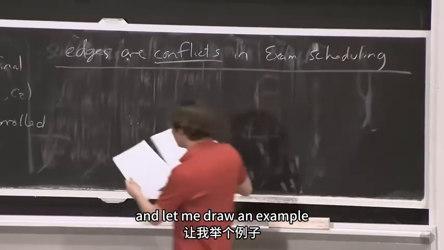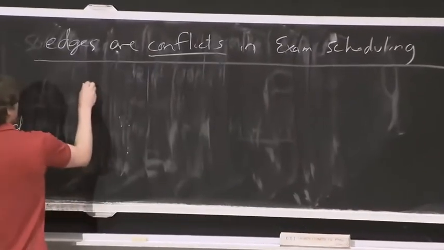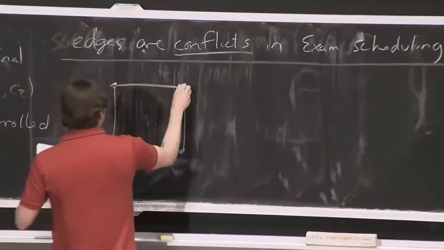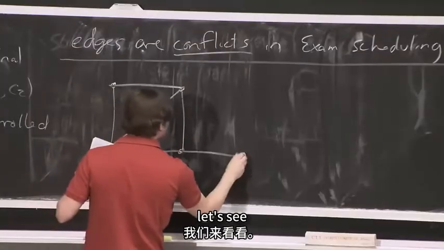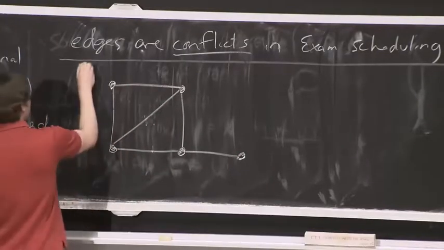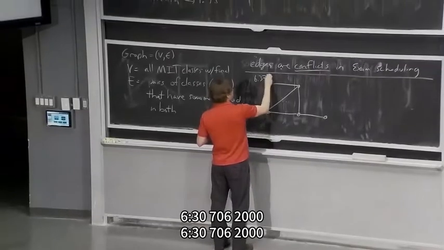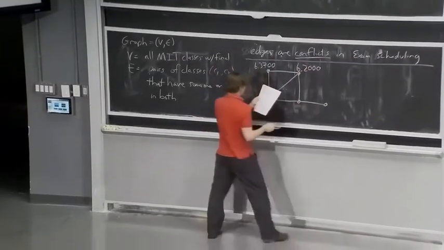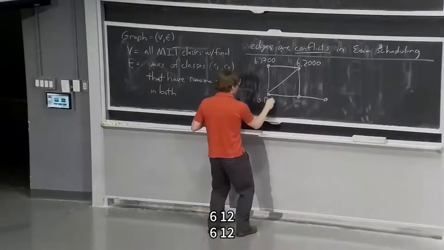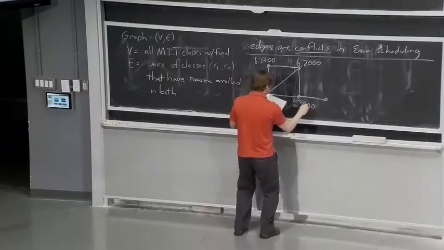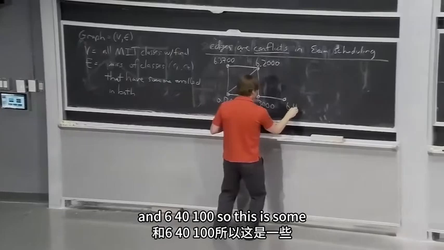And let me draw an example. Let's see. So in this example, MIT only has 5 courses, 6.3700, 6.2000, 6.1200, 6.3000, and 6.4100.